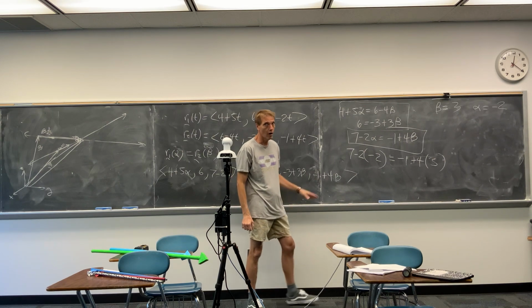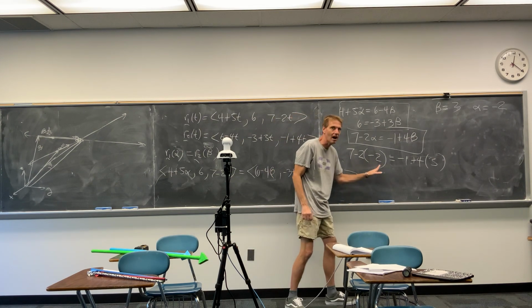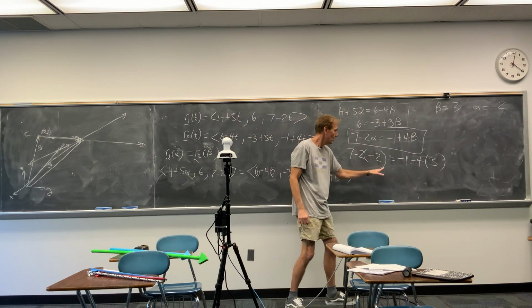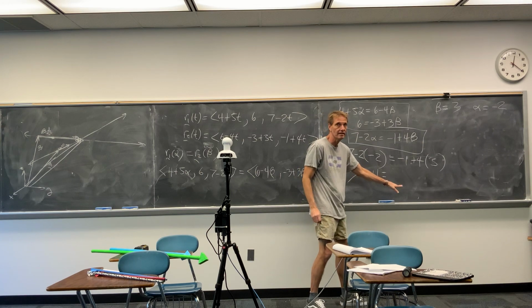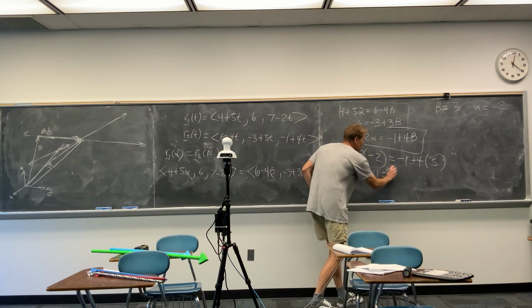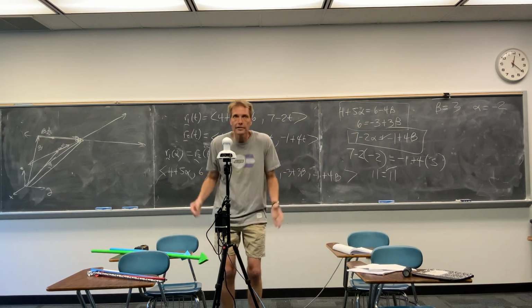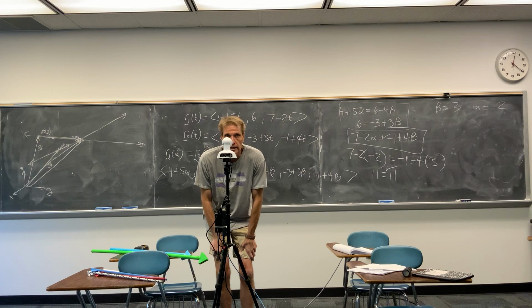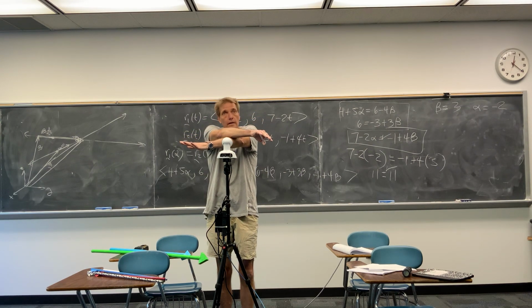I know it's hard. What do you get on this side? 11. And what do you get on this side? 11. So it checks. And in this rare case, the two lines intersect.